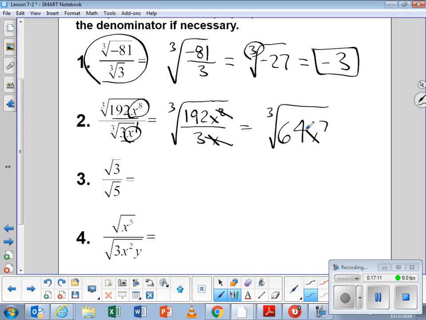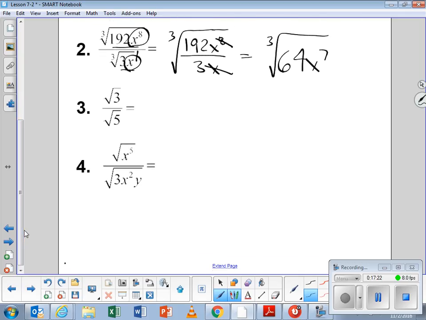Does anybody look at 64 and know what it is? 4 to the third power. That's right. Now, if I didn't know, a little sidetrack, I would do my division again. 2 goes into there 32 times. 2 goes into there 16 times.